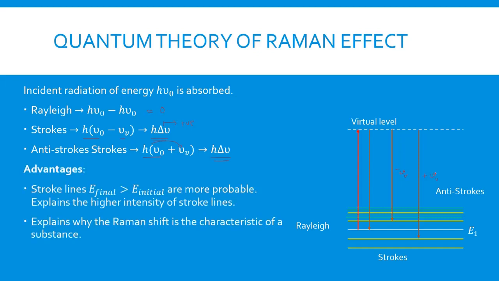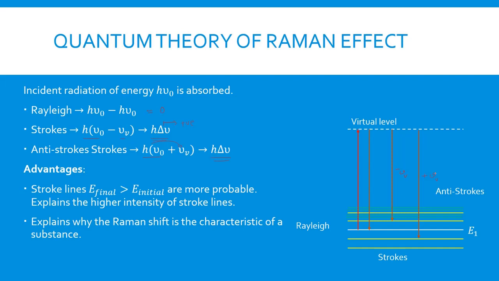Using simple logic, it is possible that the electron will emit an energy less than the absorbed energy, and this is the case of the Stokes lines. It can emit energy equal to the absorbed energy, or slightly lesser than the absorbed energy.